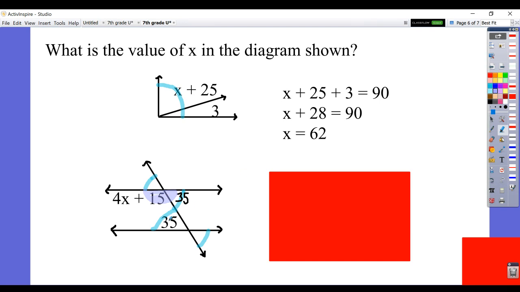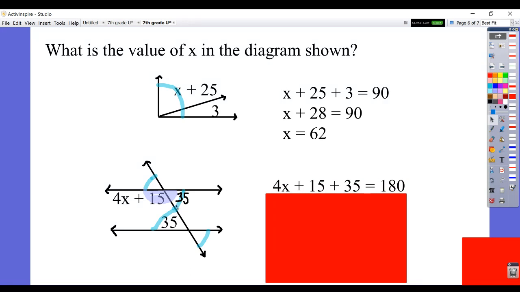So the fact that we call these alternate interior angles are both 35 matters because now we know that 4x plus 15 plus that 35 would equal 180. And again, that's coming from the information right here, the fact that this combined right here has to equal 180.